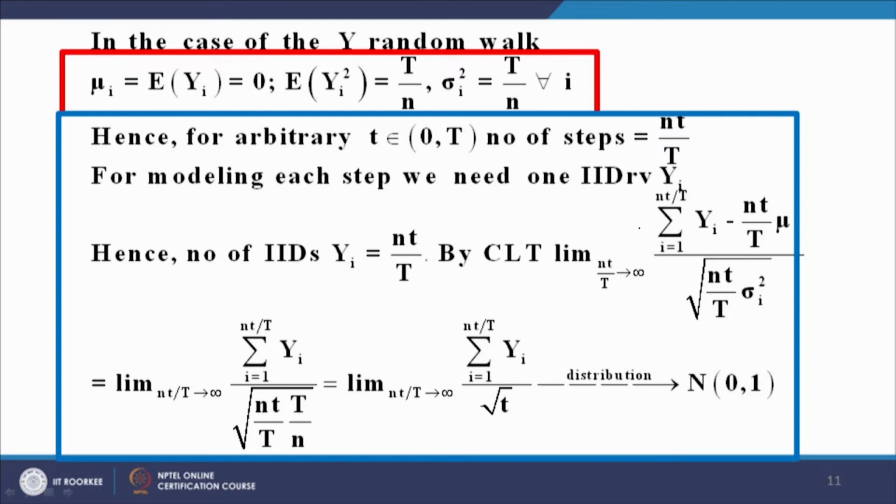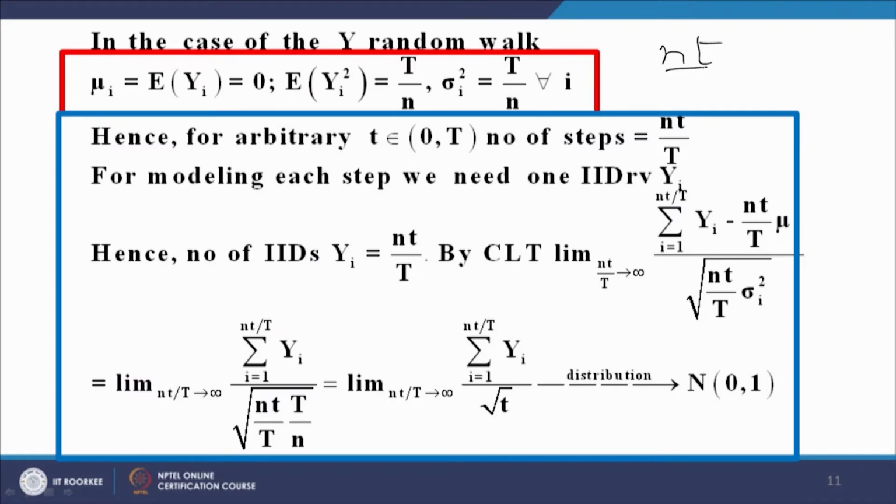So, when we do that, what we get is, and please note the number of steps that we will talk about, we are now talking about an arbitrary point in time t between 0 and capital T, which is n t upon capital T time steps away from the origin. This corresponds to the point t on the timeline.